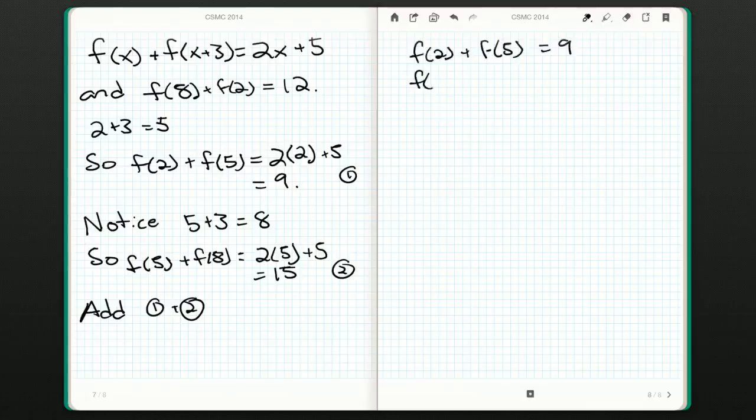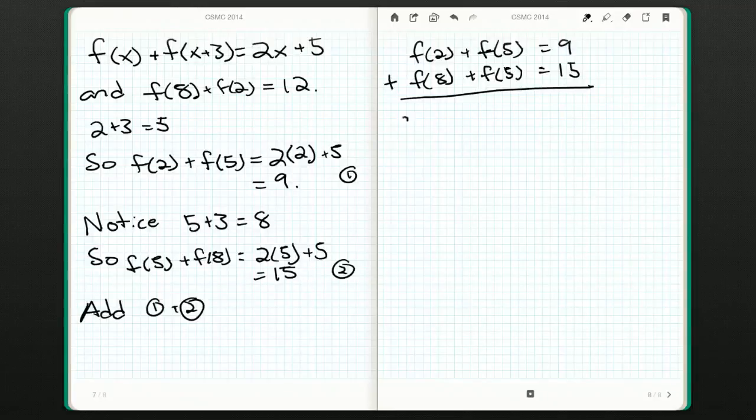And we'll just rearrange this one a little bit. Equals 15. You don't have to rearrange it. I'm doing it just to make the addition a little easier for myself. So I add these guys, f of 2 plus f of 8. Well, hey, look, we know that value. f of 5 plus f of 5, that's 2 f of 5s. And then 9 plus 15, that's 24.